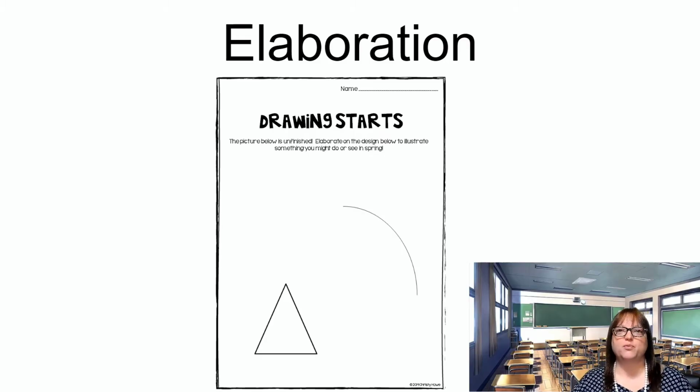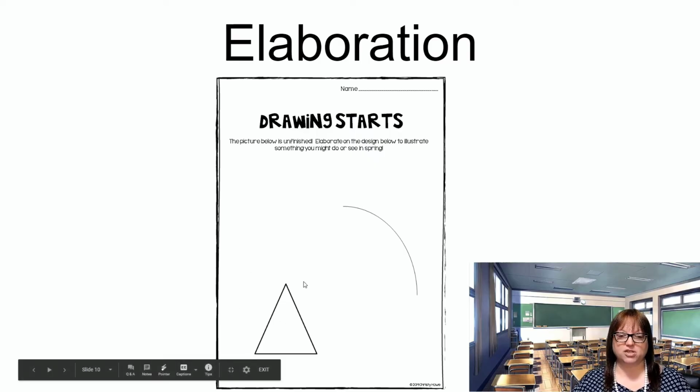If we were together, one of the things that I would have you try to do is this drawing starts. Drawing starts are very simple. You just give the kids a couple of shapes, and then it's an unfinished drawing. They elaborate on it, and they illustrate something. In this case, it's asking something that you might see or do in the spring, okay?